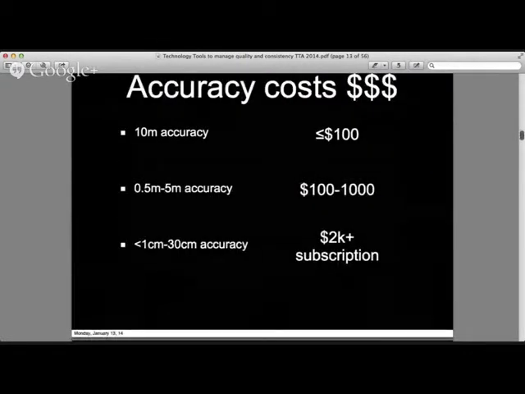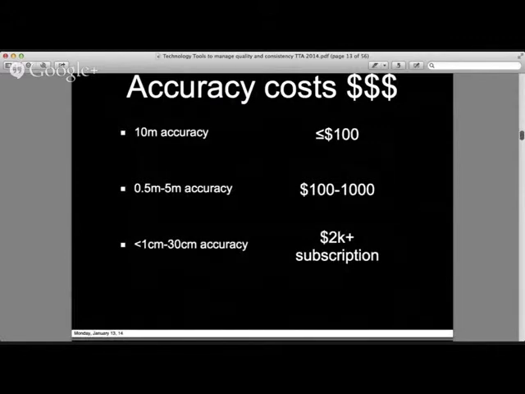At the half-meter to 5-meter accuracy, like a handheld specific GPS unit, we get into higher levels of accuracy, $100 to $1,000. And when we go to what we call decimeter level accuracy, which is in the centimeter to 30 centimeter range, we get up to $2,000 plus a subscription that you annually have to keep up in order to keep that precise location information current.